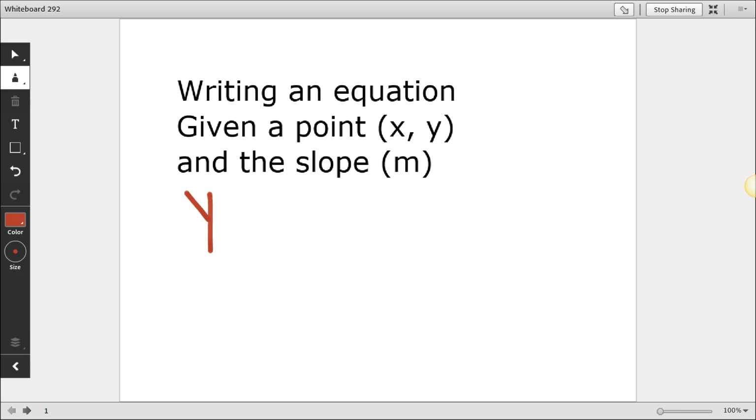I'm going to use point slope form. So this is point slope form. What you do here is you're going to enter the slope for m, and then the point (x, y) will be (x1, y1). And then we're going to use that form to write the equations in slope-intercept form.